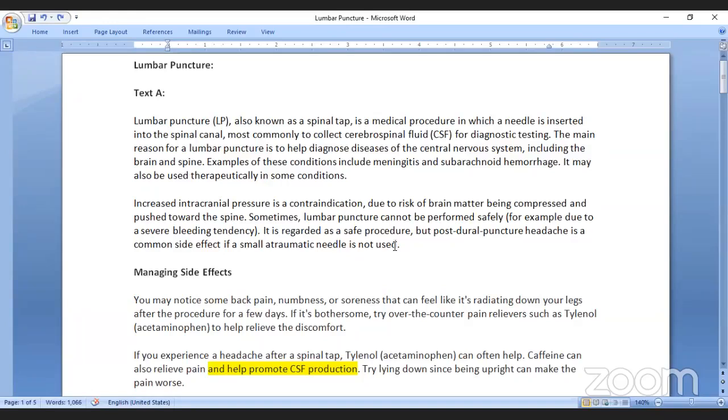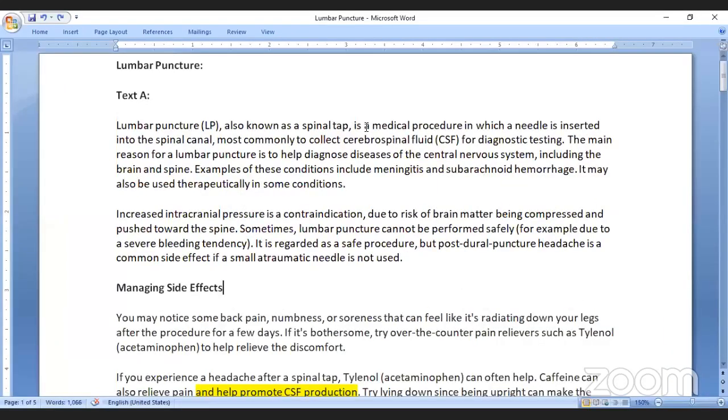This was reading part A that we discussed yesterday, with a lot of questions. We will continue the same, and at the end we will discuss some reading part B questions.